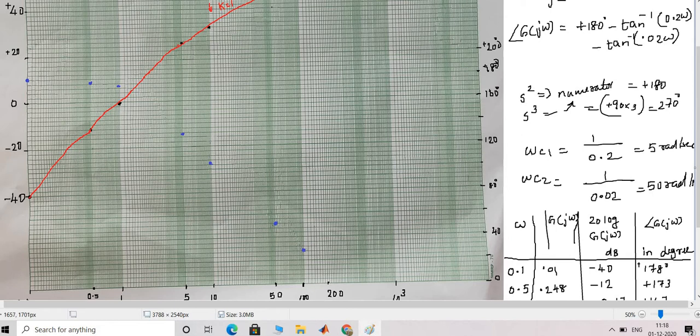And 200, the value is 15. And when it comes to 1000, it is actually coming down to 0.